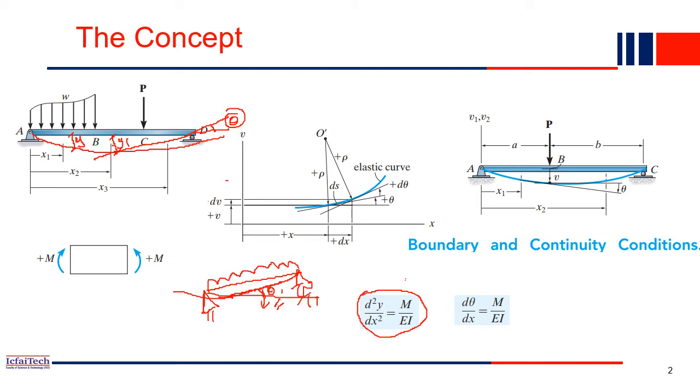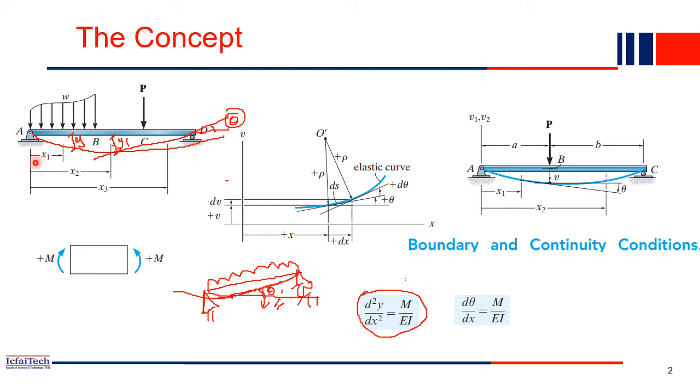Another very important thing is the slope. If you recall, in the last lecture we discussed for different support cases what could be the slope. So this is a hinge support, right? Hinge support means it has two reactions, one vertical and another horizontal.